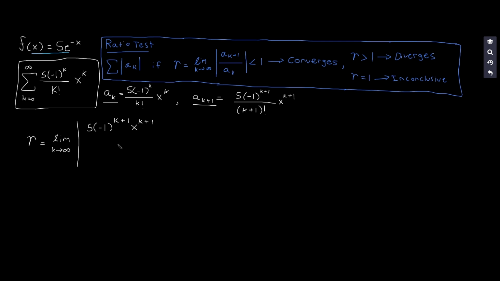And so this is going to be this quantity over k plus 1 factorial, over, well, over a sub k. And so then that's going to be 5 times negative 1 raised to the power of k times x raised to the power of k over k factorial. And we're dealing with the absolute values here.